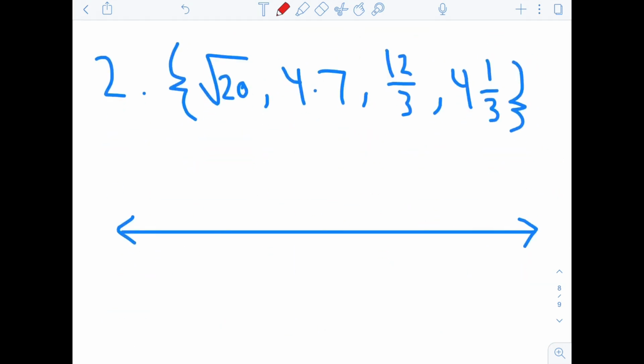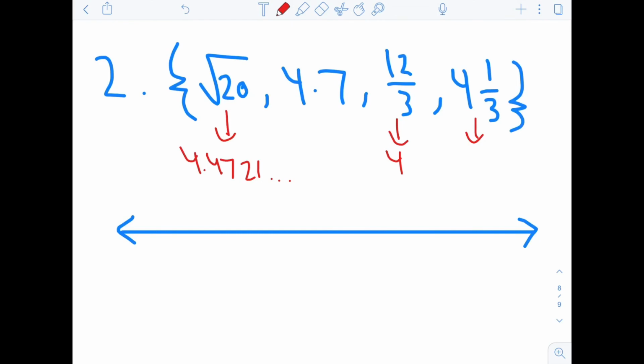Let's do another example. So root 20, if you put that into a calculator, that equals about 4.4721 and so on. 4.7 is 4.7, we know that. 12 over 3 is 4, 12 divided by 3 is just 4.